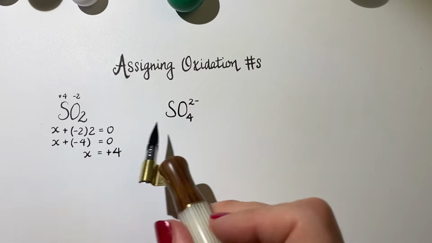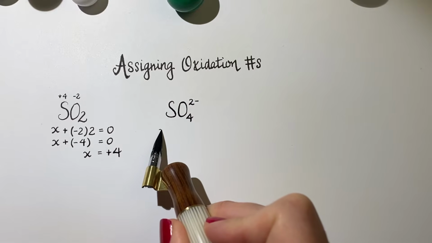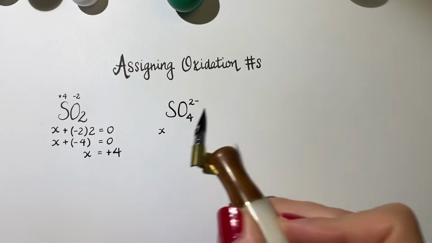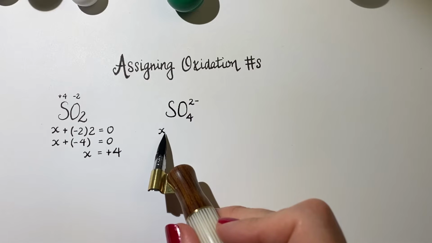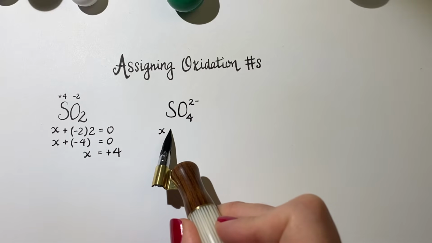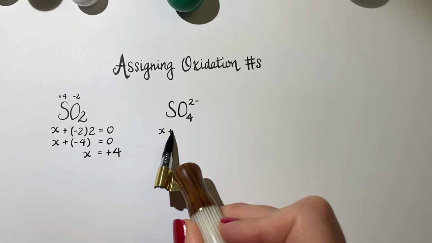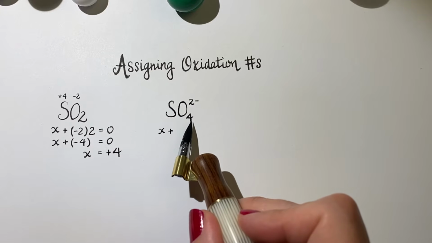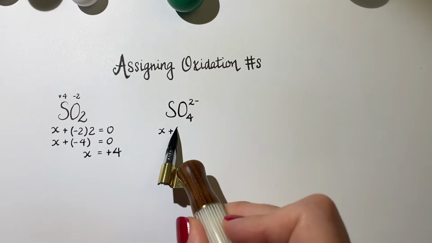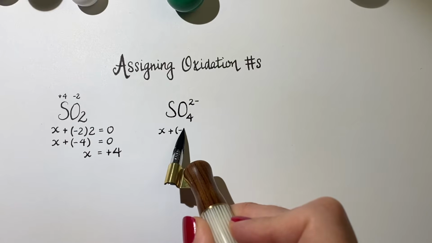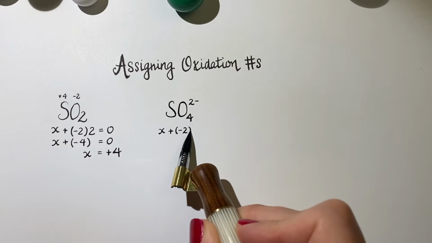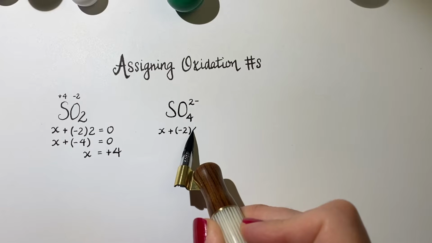So just like we did over there, let's set oxidation number for sulfur as X. And that needs to add up with all of the oxygens, each of which we expect to be -2. Now there's 4 of them.